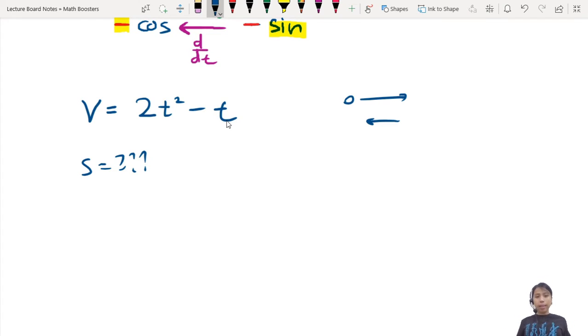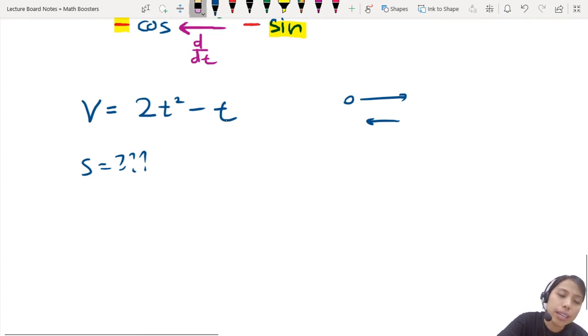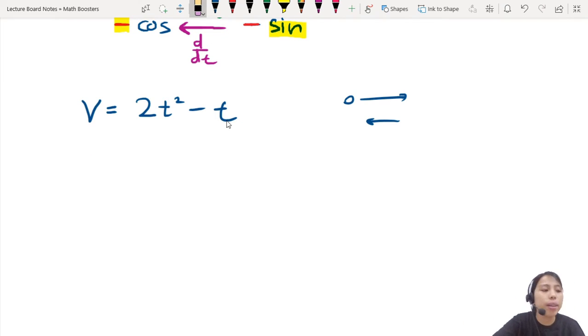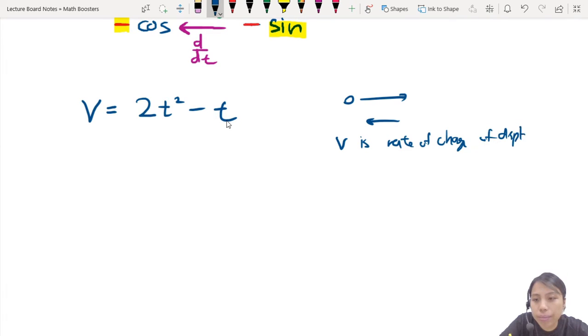How to find integration. So you might remember, you're finding area under the velocity time graph, which means you're basically finding displacement. So what you need to do is, remember that velocity is rate of change of displacement.